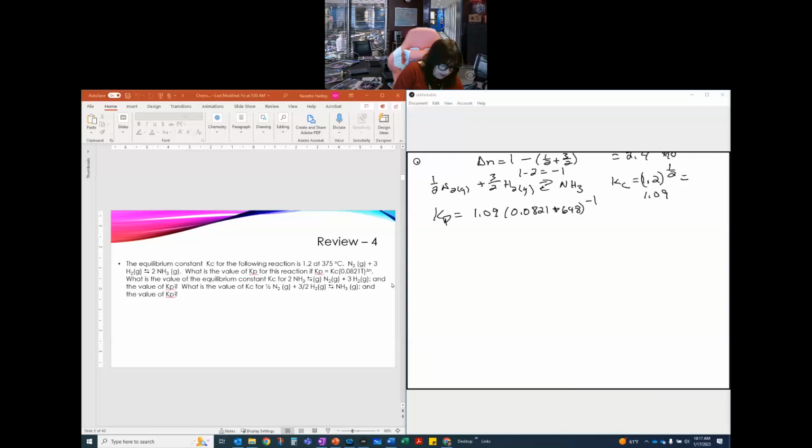So 0.0821 times 648, I take the inverse of that, and then multiply that by 1.09. And that gives me 2.0 times 10 to the -2.